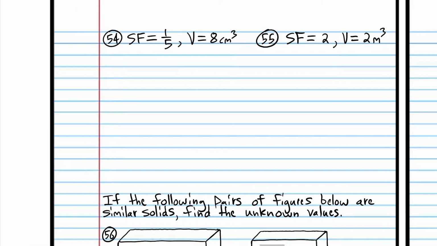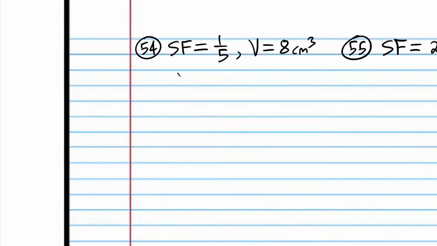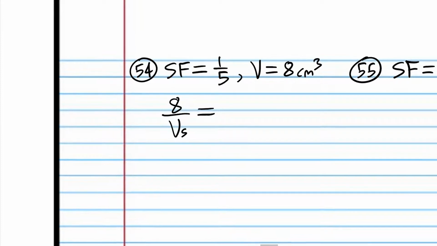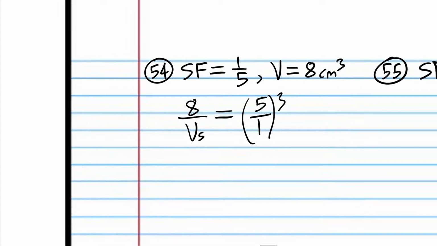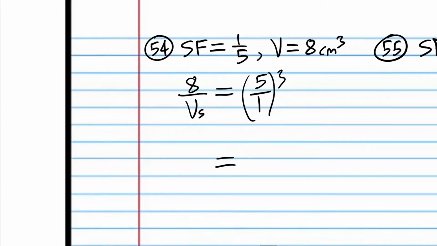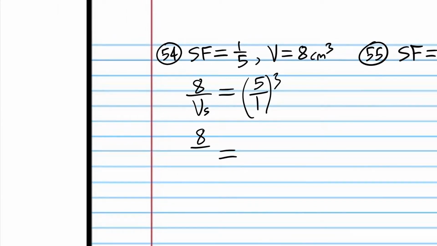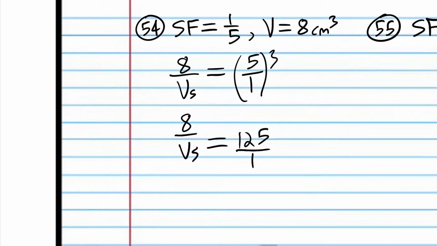All right, we're back. So I'm going to write the larger solid volume over this smaller solid. You may do it another way, that's okay. But that means that I have to flip this because 5 is larger. So the larger goes on the top just by the way I set it up. So 5 cubed is just 125. 1 cubed is 1.